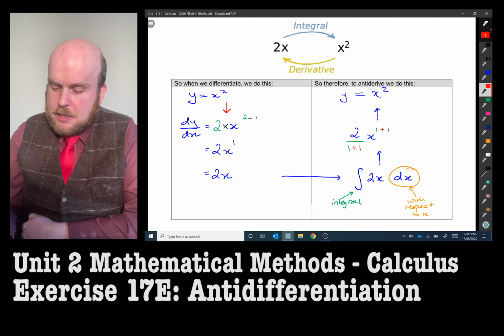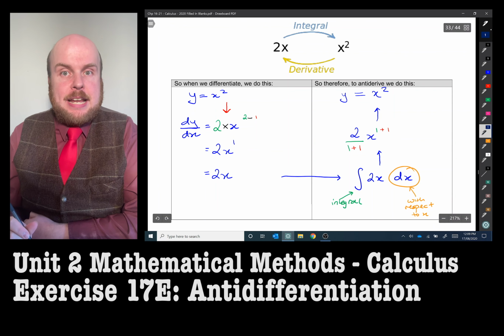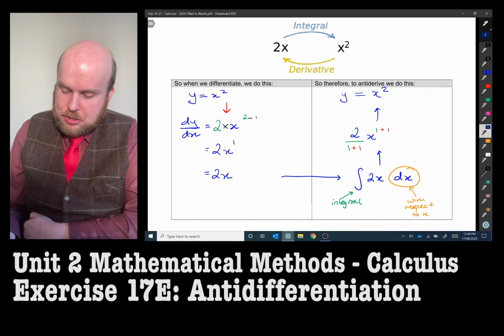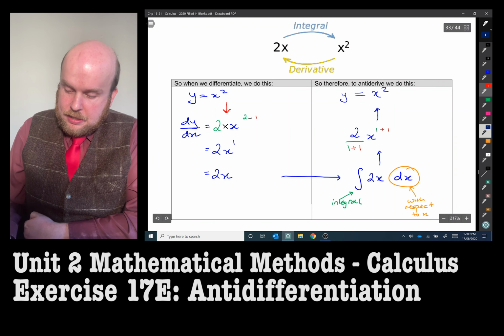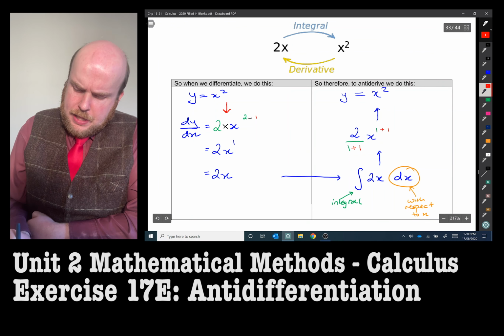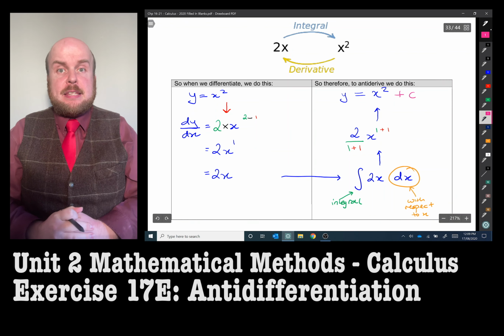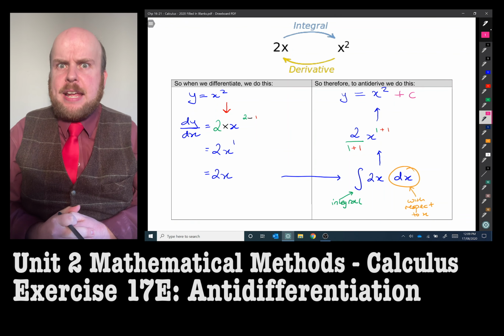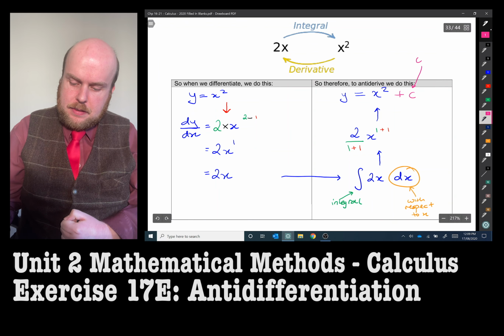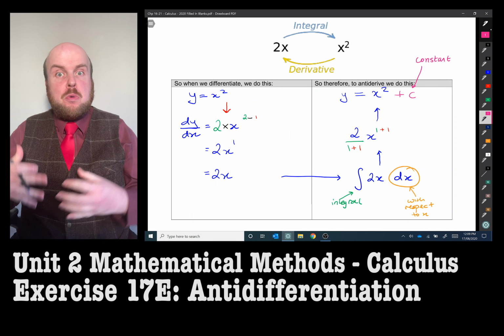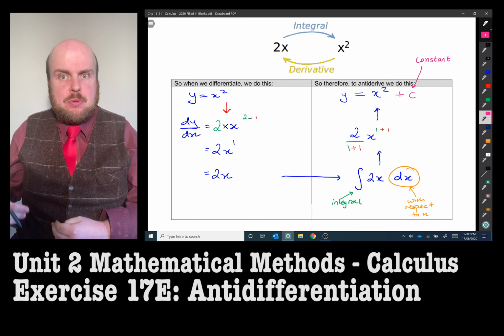Now, I will say at this point that when we're doing an antiderivative, we should also get in the habit of putting one little extra thingamajiggy, that's the technical term, this little plus c. The little plus c is just to indicate that there potentially could have been a constant. When we antidifferentiate, we can't always determine if there was a number at the end or not.